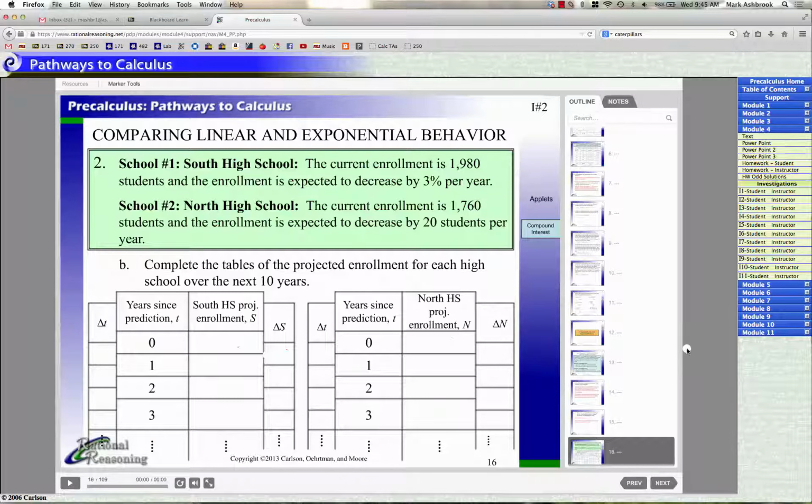Just fill in values in the table. Just do the first 4 years for each. 4 years only. Just 4 years.